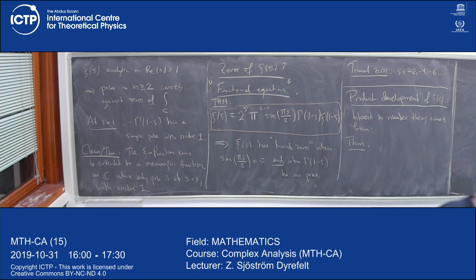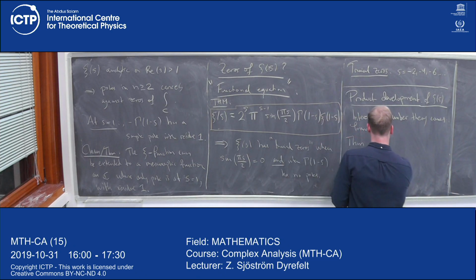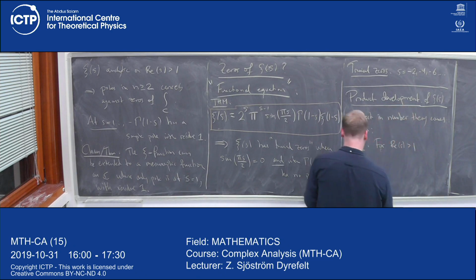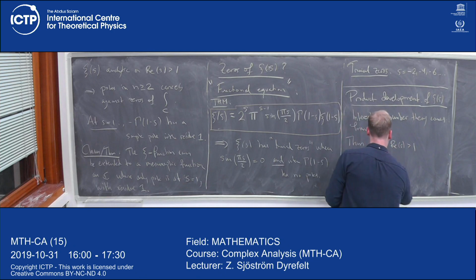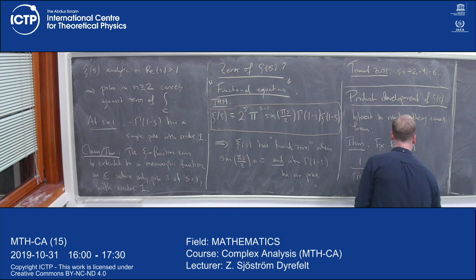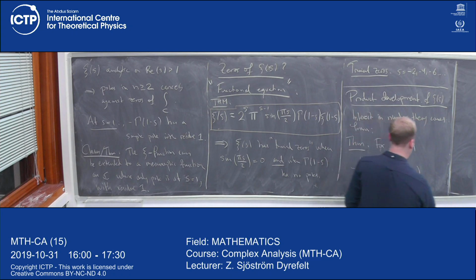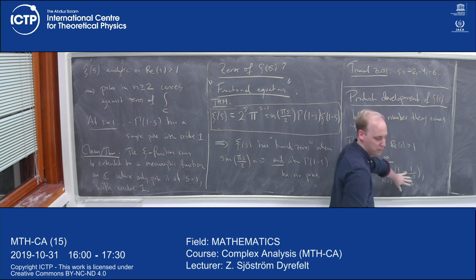This is in this paper here by Riemann, the old yellow pages from 1859. For the real part of s greater than 1, 1 over the zeta function is equal to this infinite product, n equals 1 to infinity of 1 minus 1 over p_n to the power s, where the p_n are the primes.